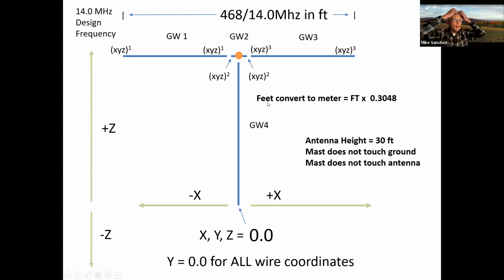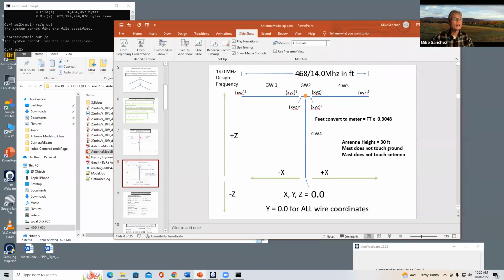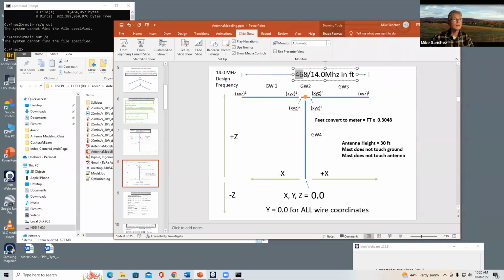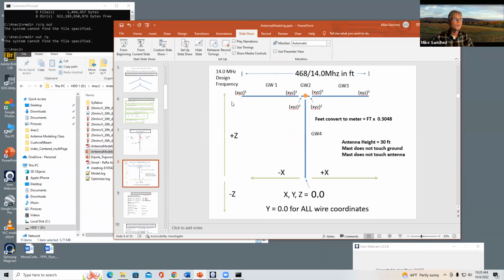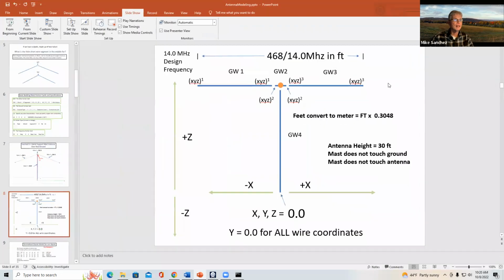Okay, so now hopefully you guys have a pencil and a paper and a calculator. I don't know if you can see the very top of this screen. We're going to start with the classic 468 divided by the frequency to come up with the overall length of the antenna.